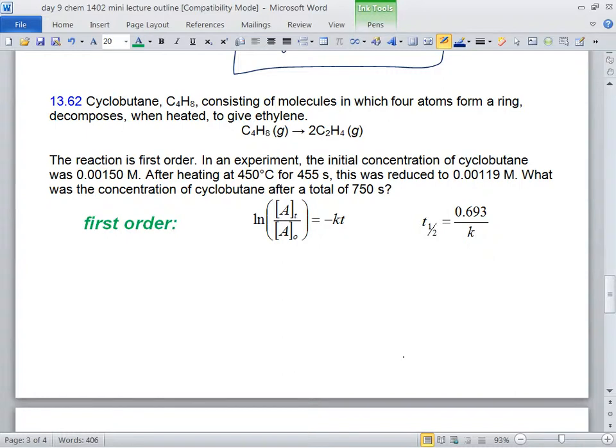Try this one. So again, they said it was first order. That's why I copied and pasted those equations in.